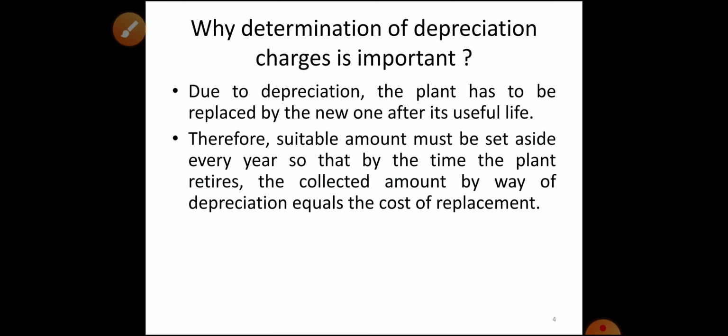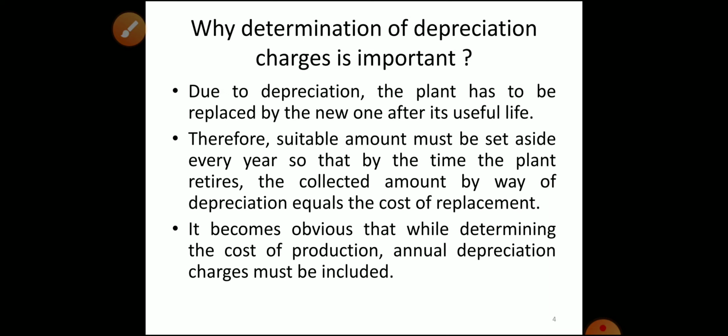Therefore, a suitable amount must be set aside every year so that by the time the plant retires, the collected amount by way of depreciation equals the cost of replacement. It becomes obvious that while determining the cost of production, annual depreciation charges must be included.